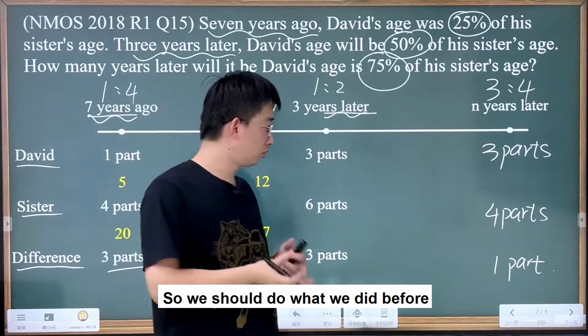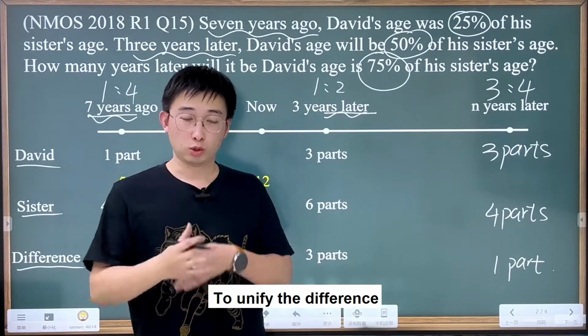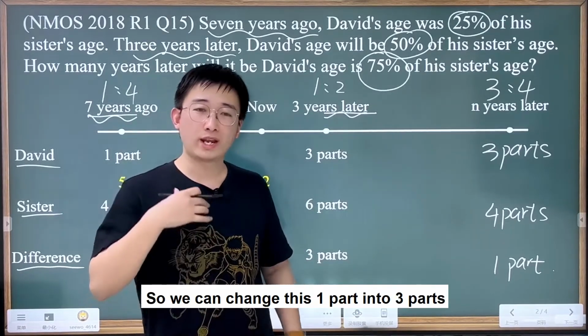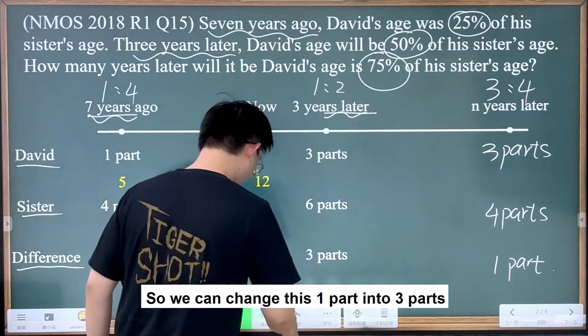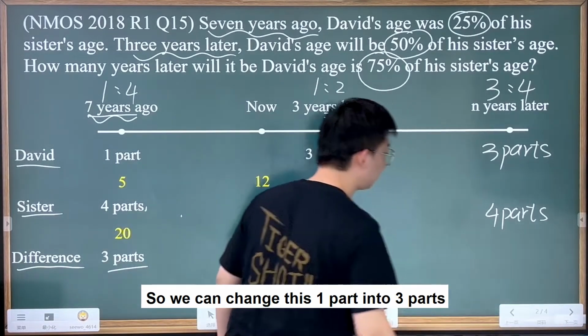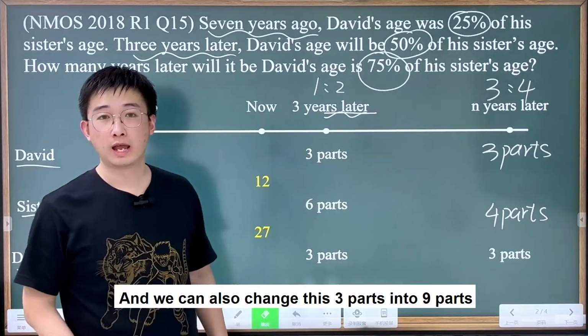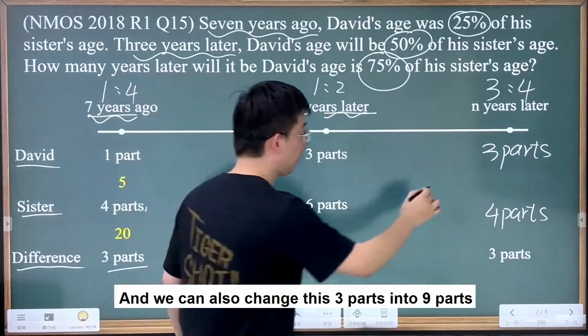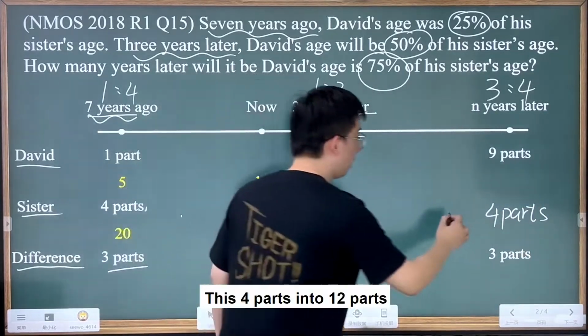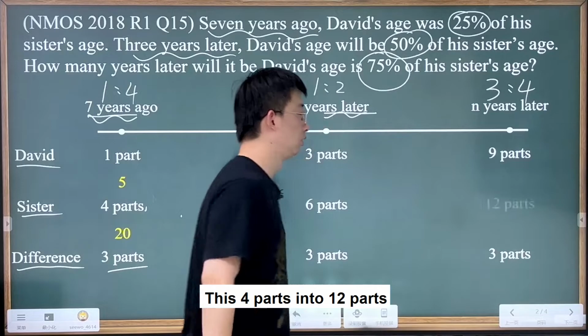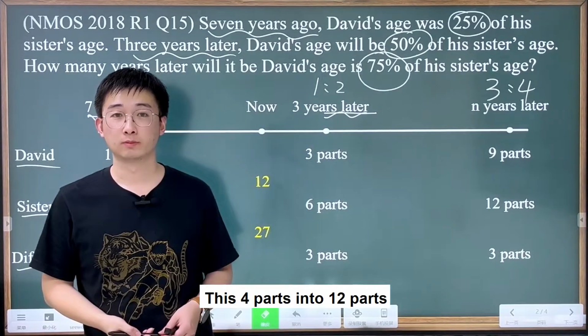Alright, so we meet the same problem. Okay, so we should do what we did before to unify the difference. So we can change this 1 part into 3 parts. And we can also change this 3 parts into 9 parts, these 4 parts into 12 parts.